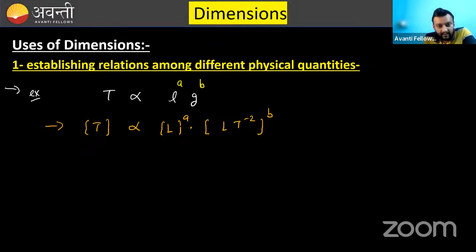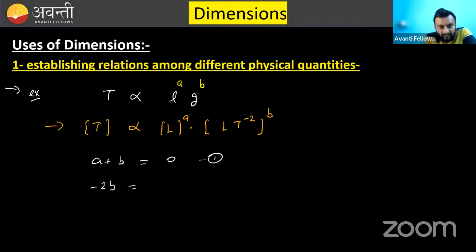If I compare that, L has a power A and L has a power B. So the total power of L is A plus B on the right side. But on the left side, L is not present. That means L has a power 0. So the first equation is A plus B equals 0. If I talk about T, T has a dimension minus 2 here over B. So minus 2B.